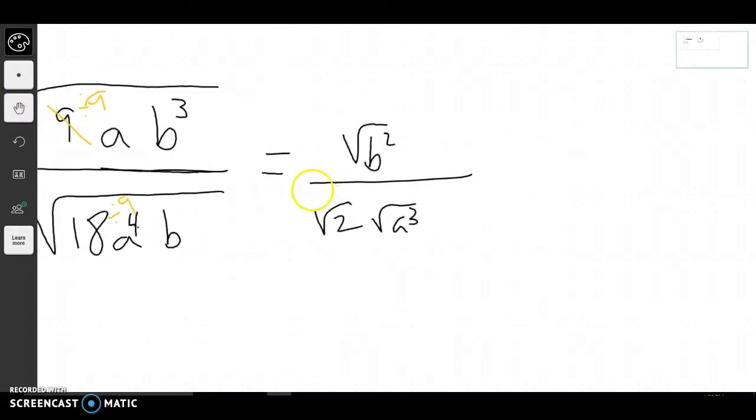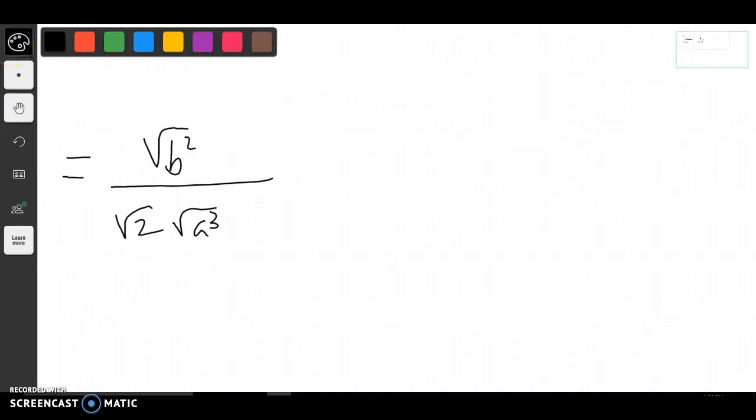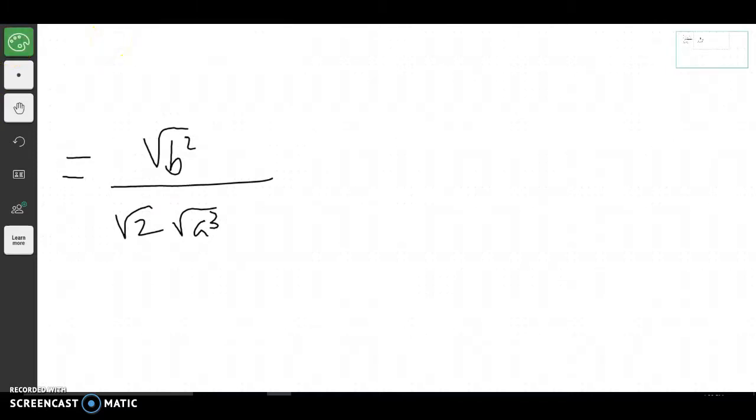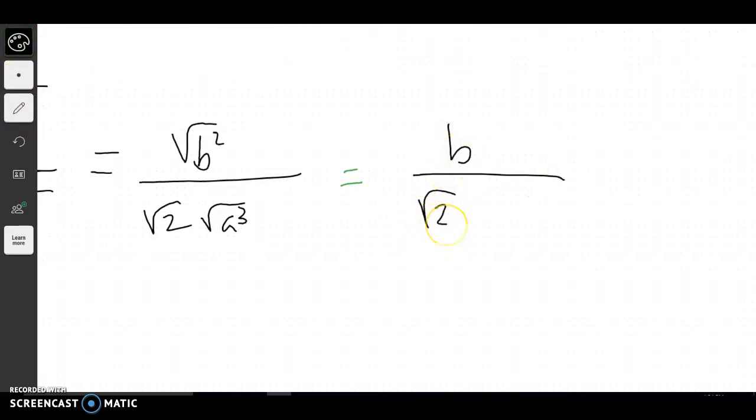And now we have to deal with this thing. Well, we can make this a little bit nicer by dealing with some square roots. We know that radical b squared would just give me b. We know this is radical 2, and this is radical a squared and radical a.